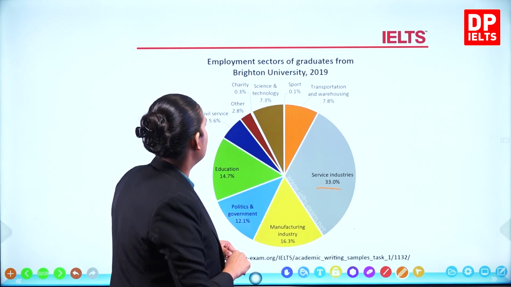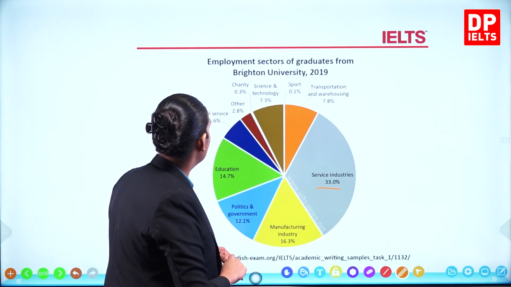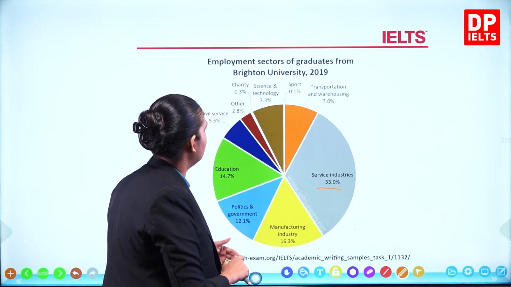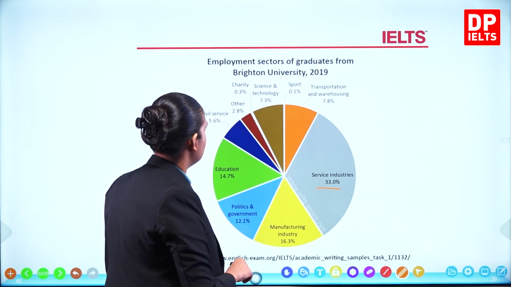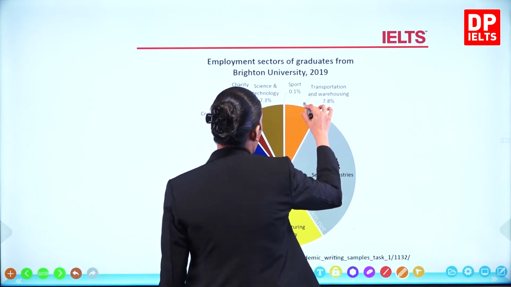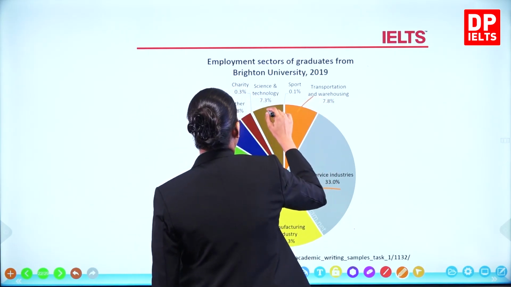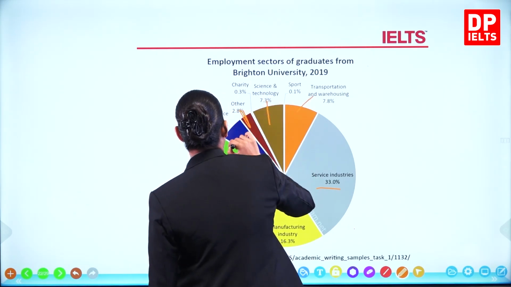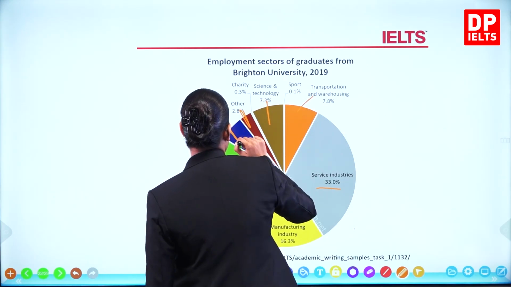What else have we got? We've got sport, we've got other, we've got civil service, which is kind of minor, okay? So transport is the orange one, science and technology is this one, other is this one, civil service is this one.